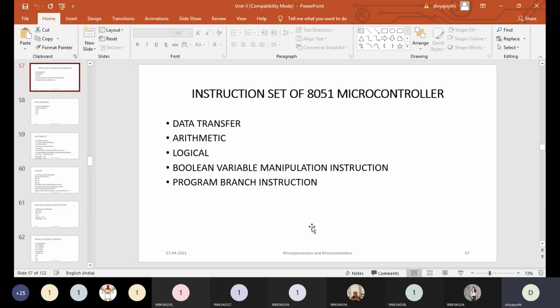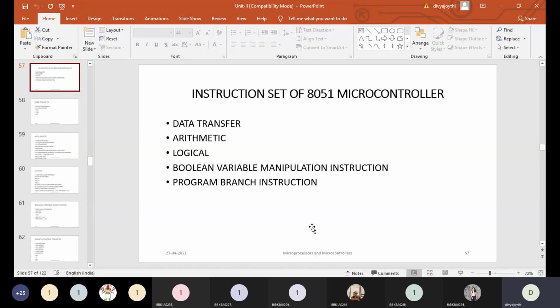If we move on to the instruction set of 8051 microcontroller, in a single statement I can say that all the instructions supported by the 8051 microcontroller have been grouped into 5 types. They are named as data transfer instructions, arithmetic instructions, logical instructions, Boolean variable instructions, and the last is branch instructions.